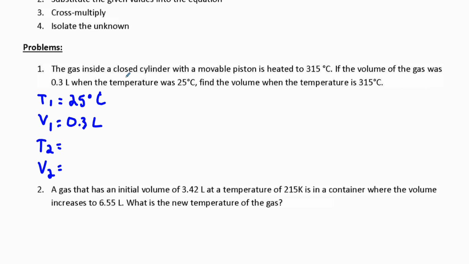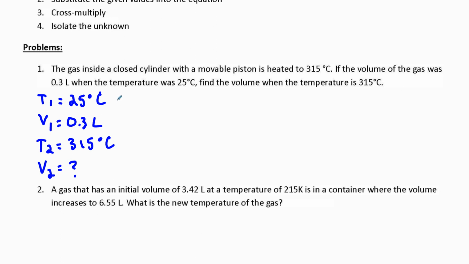So the 25 degrees Celsius goes with the 0.3 liters. So we've got them as a pair together. Find the volume, that's what we don't know, when the temperature is 315 degrees Celsius. Right away we can see that our temperatures are in degrees Celsius. We can't work with that. We have to convert to Kelvin.